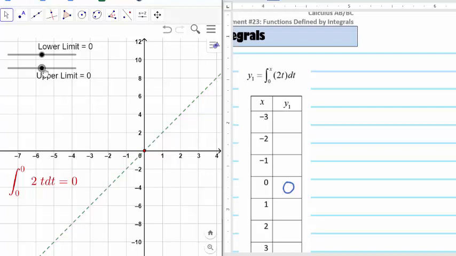If I go from 0 to an upper limit of 1, the integral is a value of 1. The integral from 0 to 2 is 4 units of area. The integral from 0 to 3 is 9 units of area.